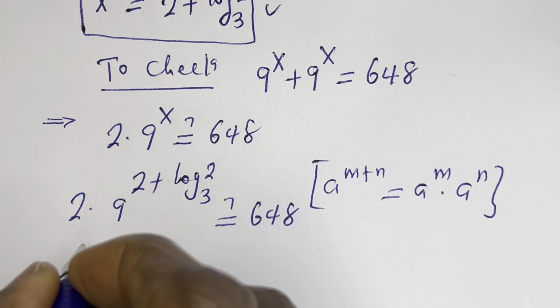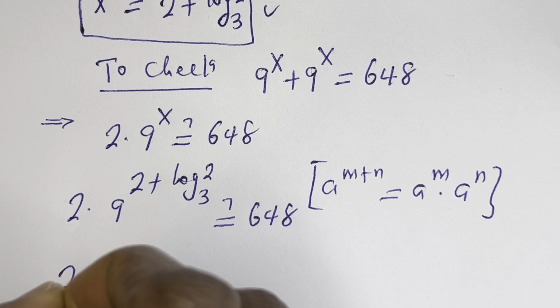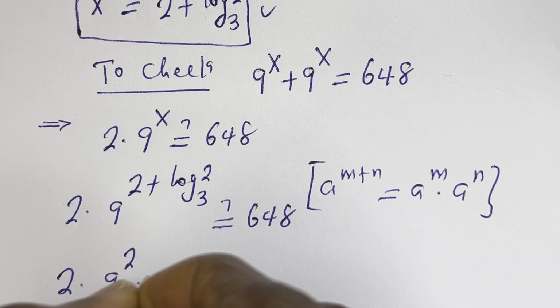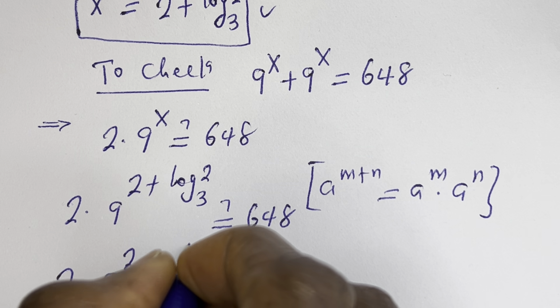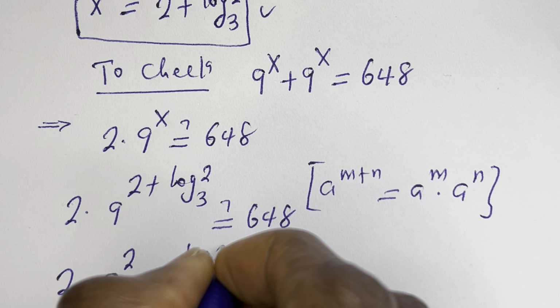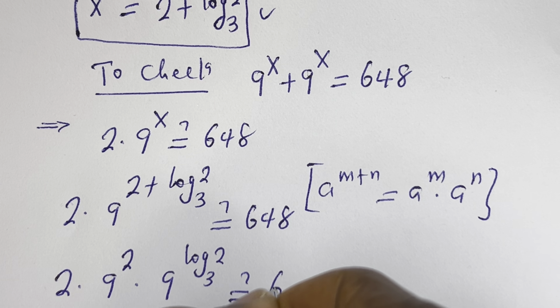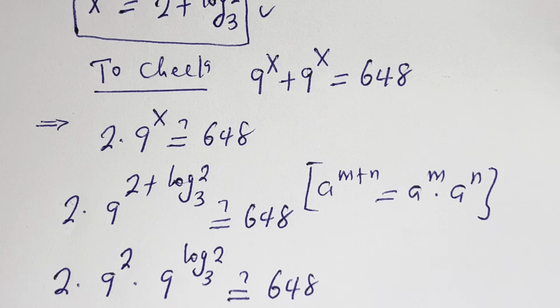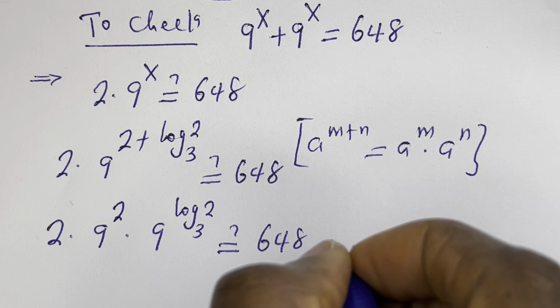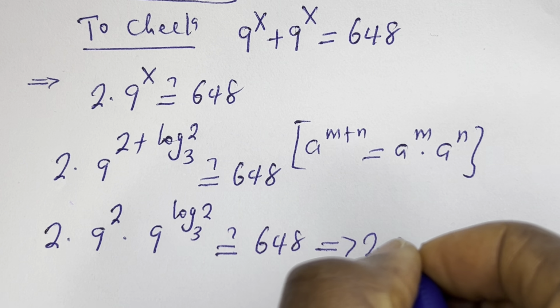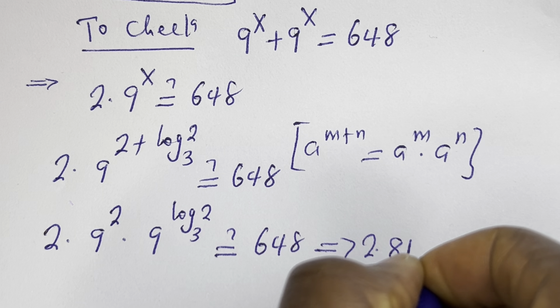Then this can be written as 2 multiplied by 9 square multiplied by 9 to the power of log 2 base 3 must be equal to 648. And this is the same thing as 2 multiplied by 9 square, that is 81.